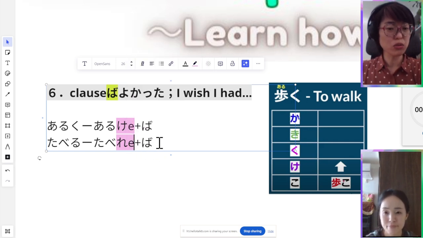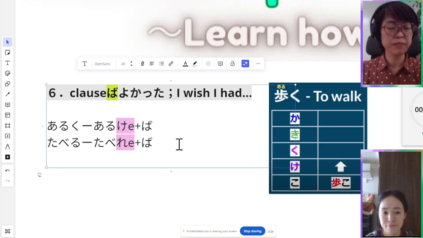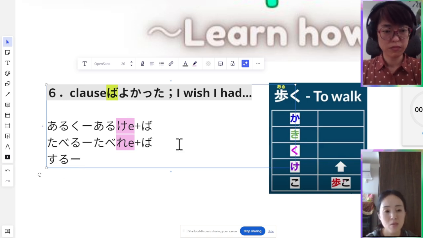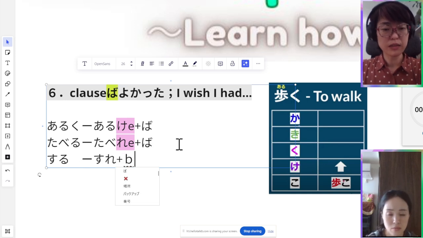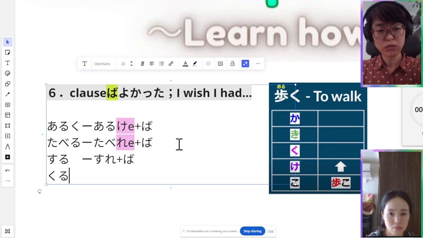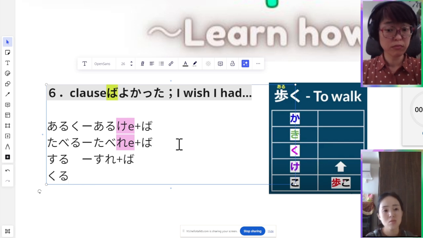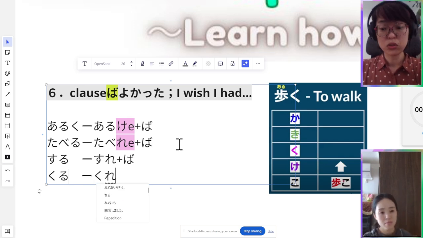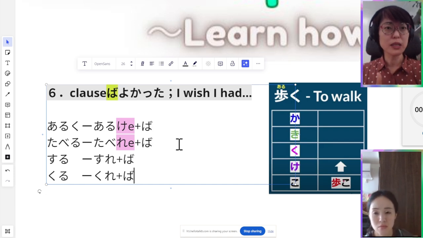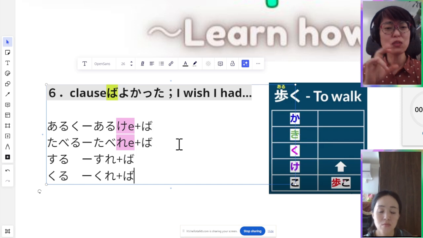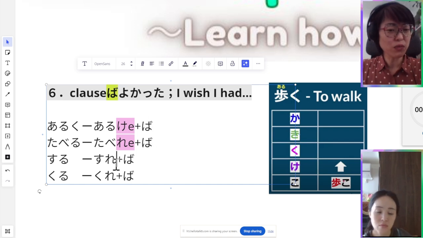How about する? すればよかった. How about 来る? 来ればよかった. くればよかった. So する and くる are irregular verbs, but still follow this ba verb form.